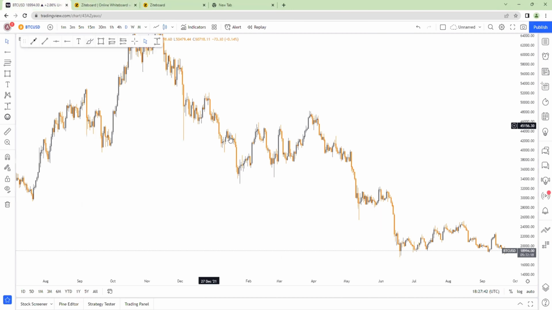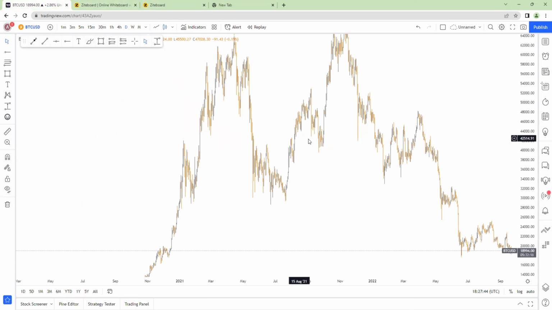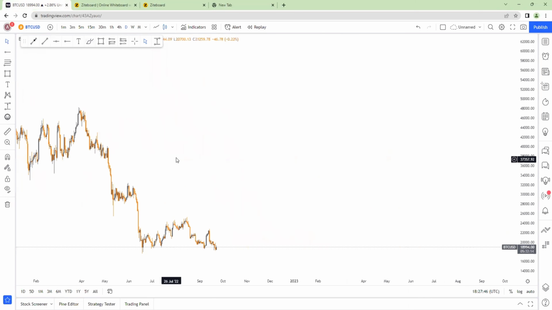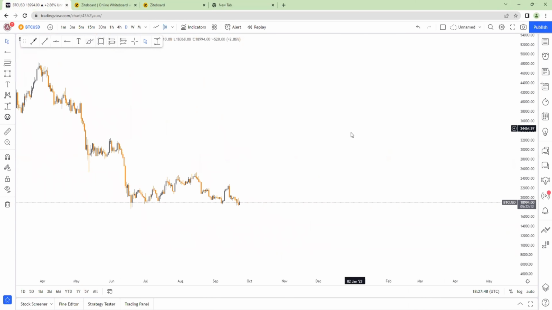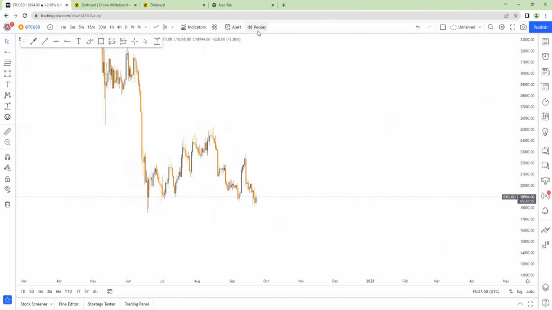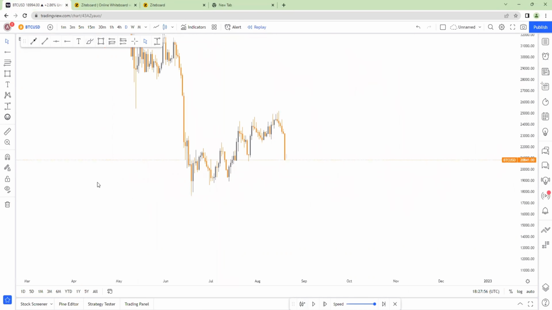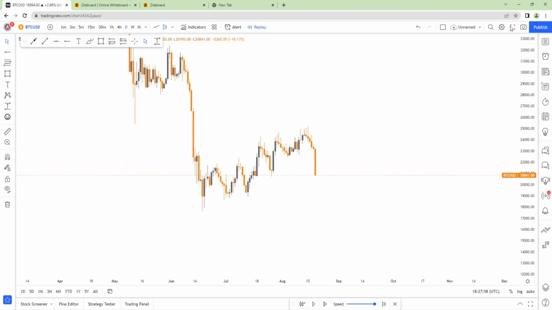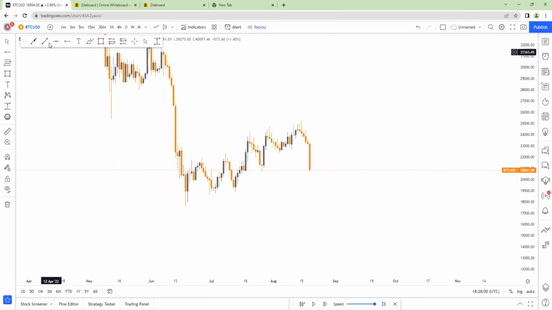So our first example was on BTC USD. This was a very nice trade. So this is our daily time frame. Let me cut somewhere here so that we can get some nice view.